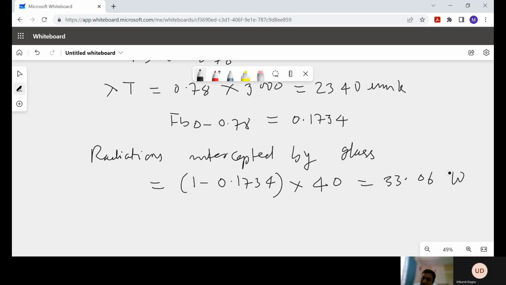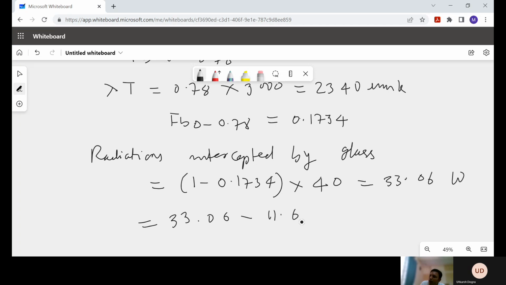Out of this 33.6, how much will be absorbed by the glass surface? Whatever is the radiation emitted and whatever is the radiation dissipated by convection, isn't it? Yes, sir. So out of these, the radiation which is transmitted directly will be given by 33.06 minus 11.6, isn't it?